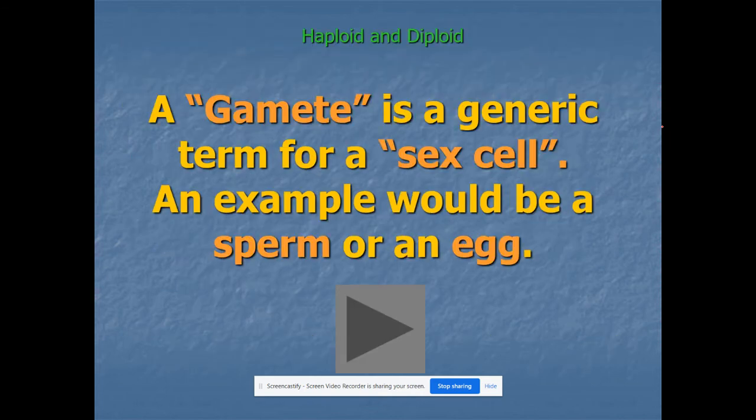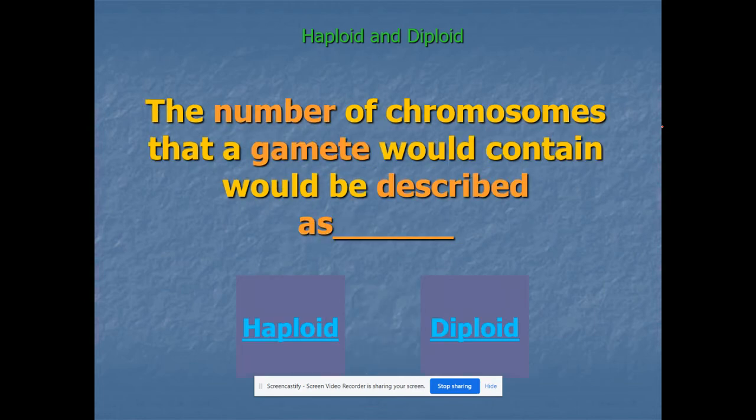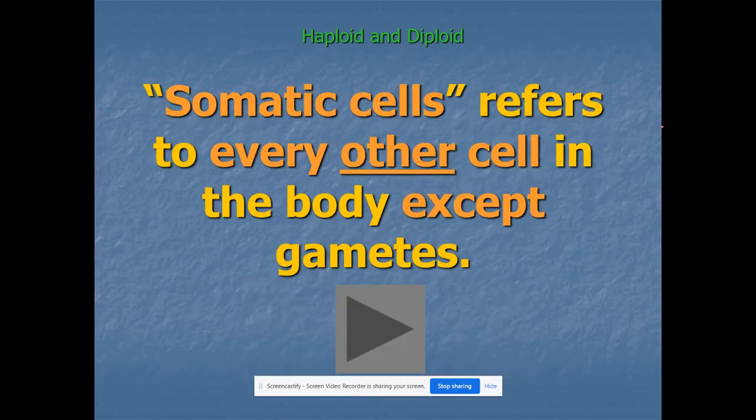All right, some other terms here. True or false? Gametes are haploid in chromosome number, Noel? True. Very good. The number of chromosomes that a gamete would contain would be described as what? Good. Somatic cells refers to every other cell in the body except gametes. True or false?